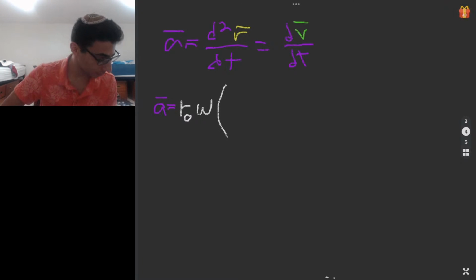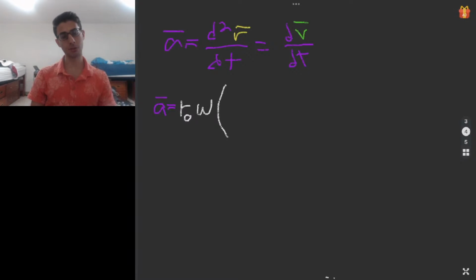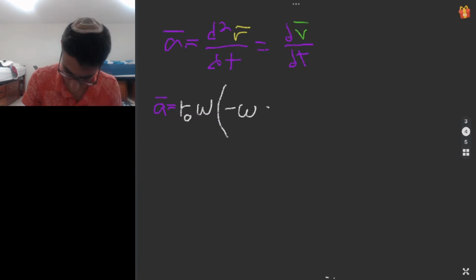So what is the derivative of negative sine? The derivative of negative sine is negative cosine. If the derivative of sine is cosine, then the derivative of negative sine is negative cosine. And we can't forget that we have to bring the omega out again. So we're going to have a negative omega cosine of omega t times our I hat.